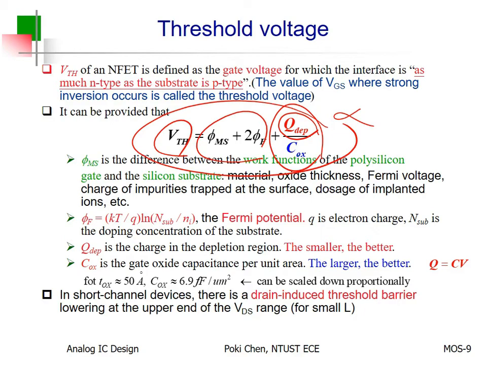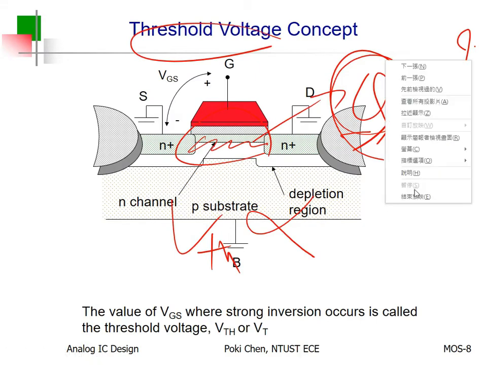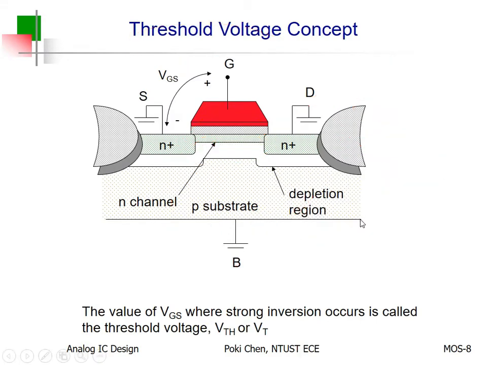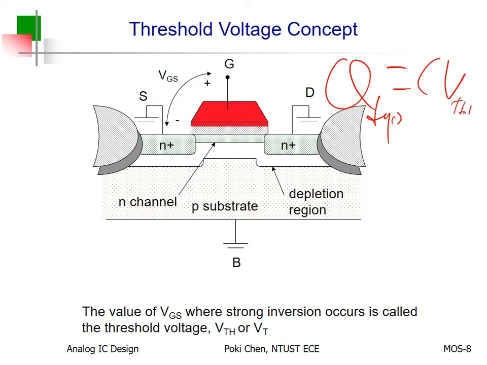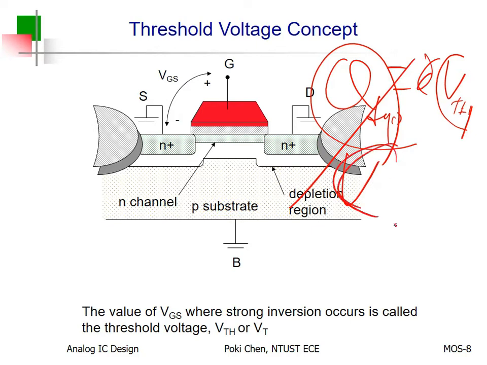And also, if we go back to here, right now, depletion region, right? Okay, VTH, that is the definition. So right now, we know exactly how much doping it is. Then, how much voltage do you need to apply? Oh, very simple. Divided by C. Right, that's it. Okay? Bingo.